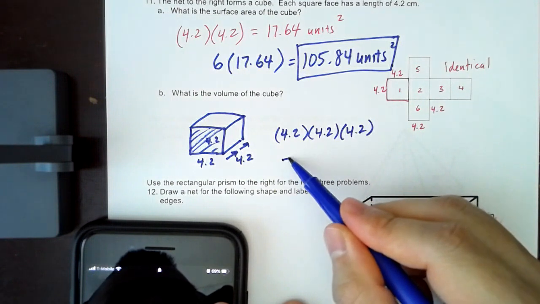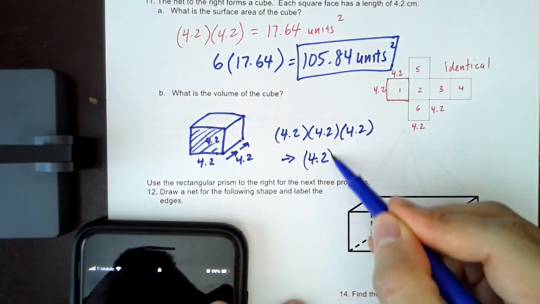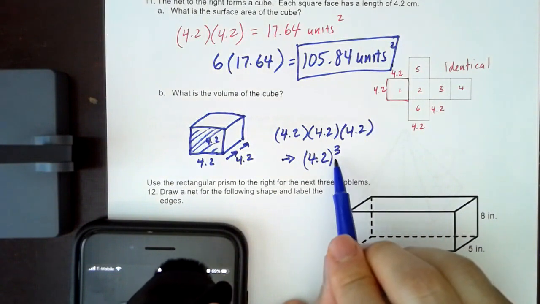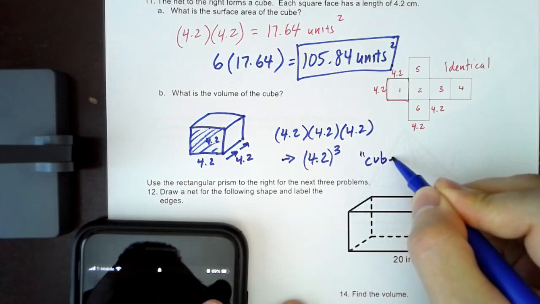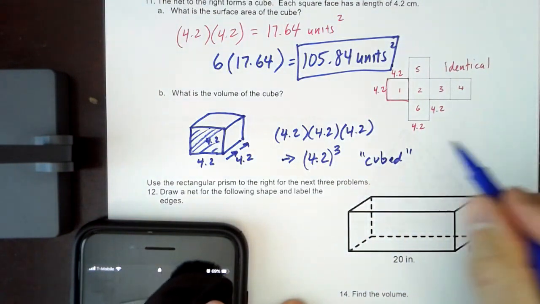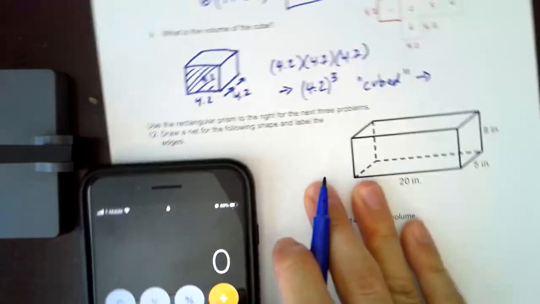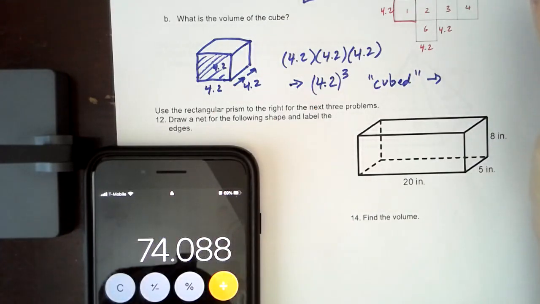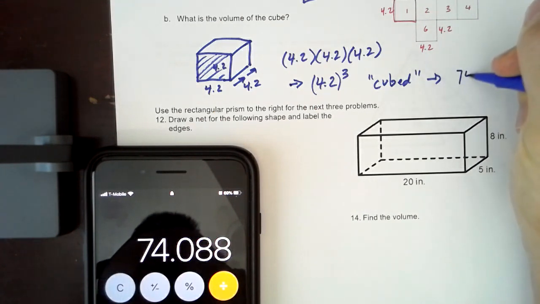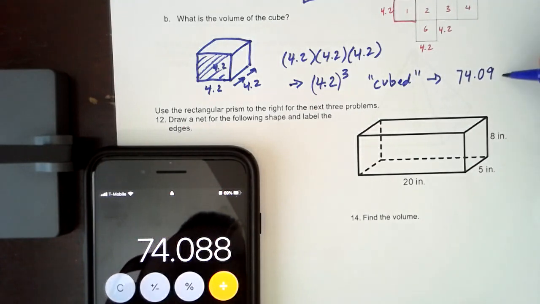And that is exactly why, class, we call this 4.2 cubed. The 3 at the exponent is what we call cubed, because that means you multiply the same thing 3 times. So the volume is going to be 4.2 times 4.2 times 4.2, which I'm getting 74.088. And I will go ahead and round that to 74.9 units cubed.